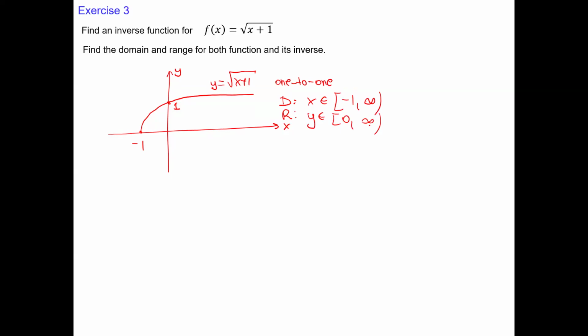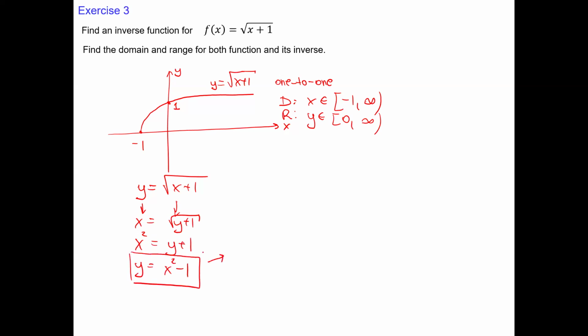Okay, and then we will interchange. Okay, inverse, let's find. This is the formula. We interchange: this becomes x, this becomes y. Let's square both sides, and then y equals x squared minus 1.